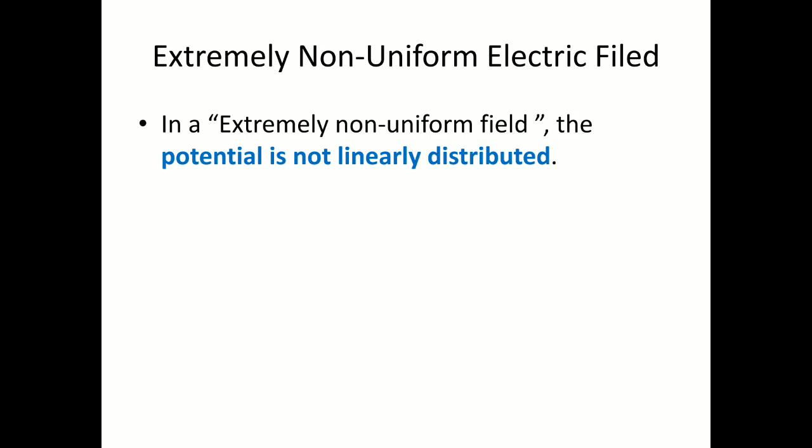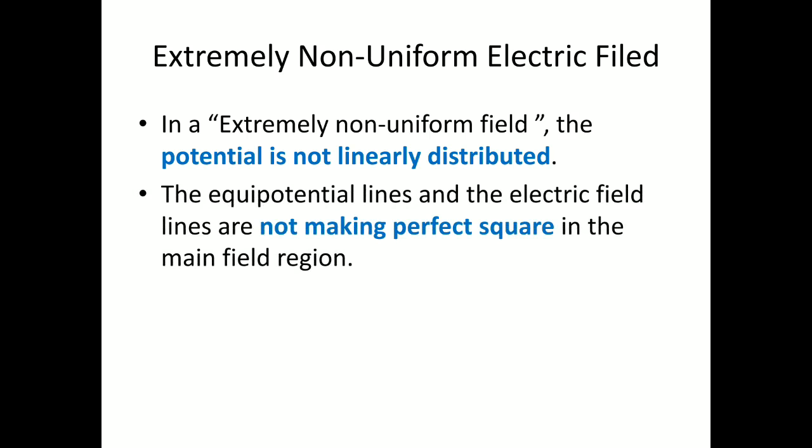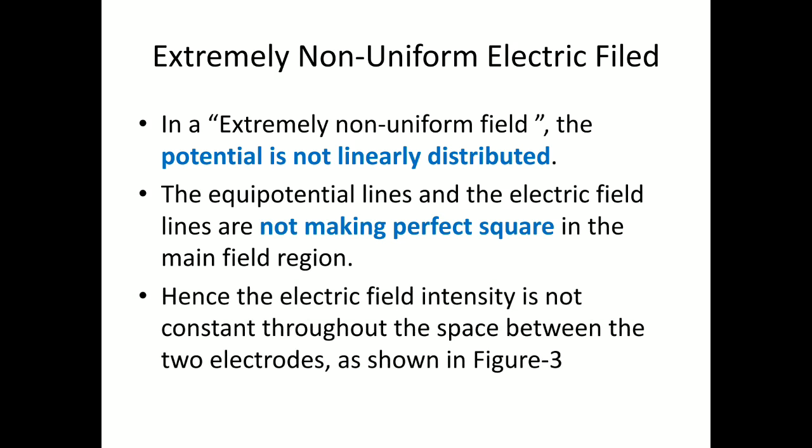Then extremely non-uniform electric field. This is possible only when we have a very pointed structure type electrode. So in extremely non-uniform electric field, the potential distribution is completely non-linear in nature, and they are not making a perfect square in the main field region, and it is indicated in figure number 3.